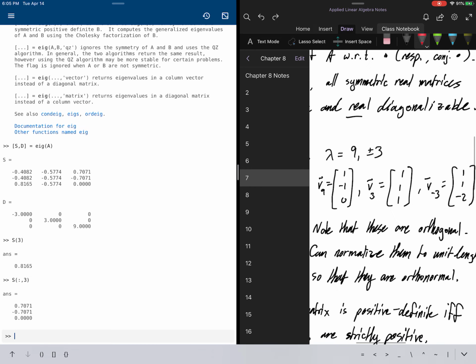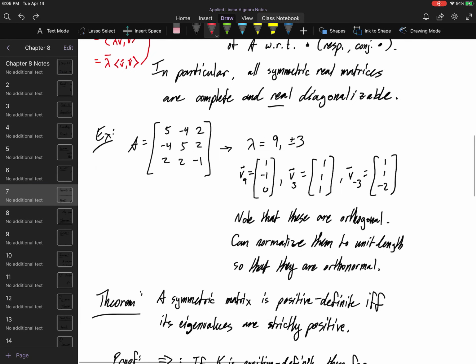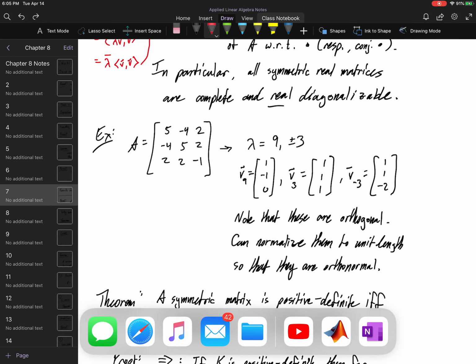So indeed, that gives you the eigenvector that we would like to use. And as we come back down, you can see a very similar phenomenon occurring for the eigenvector associated with 3 and for minus 3. Great. So MATLAB is still useful.